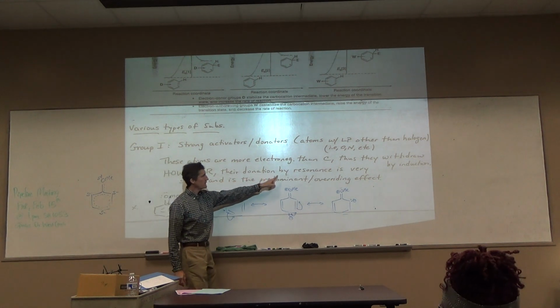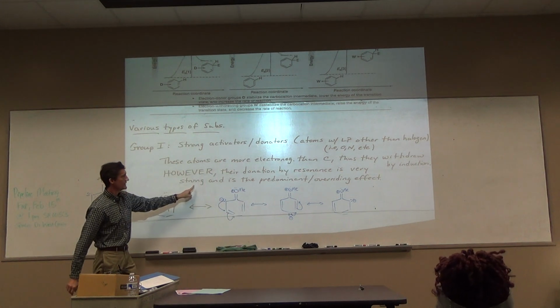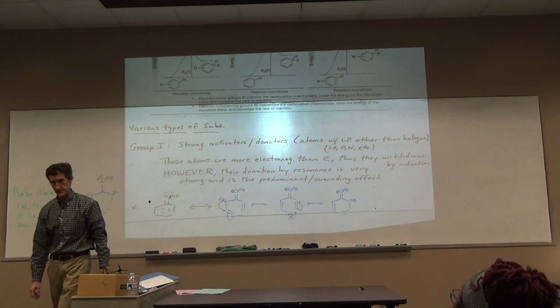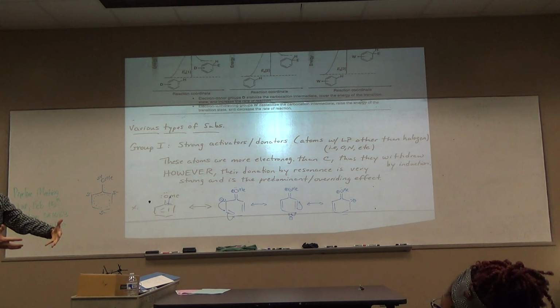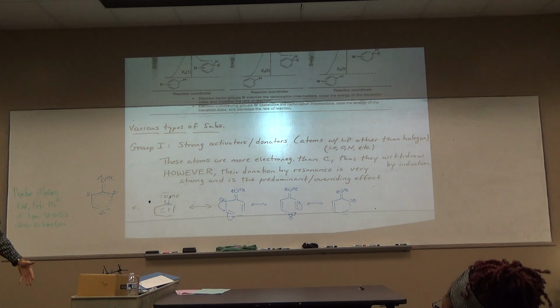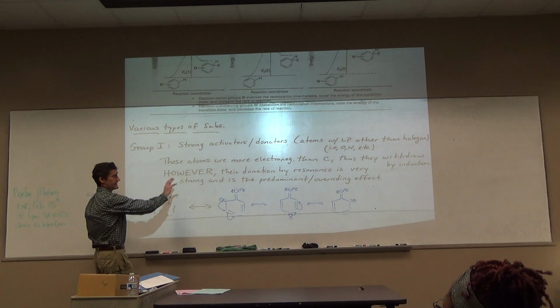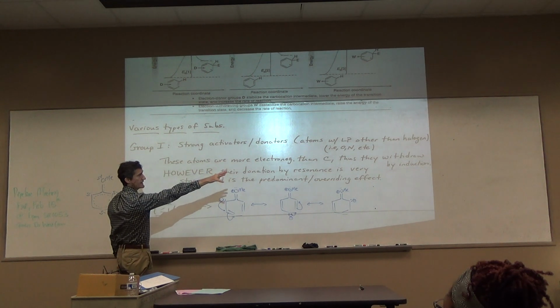The donation by resonance is very strong and is the predominant effect with these guys, oxygen, nitrogen. So it pulls and donates. But what's its net effect? Donate, because the donation by resonance is the predominant overriding effect. O and N are the most common.